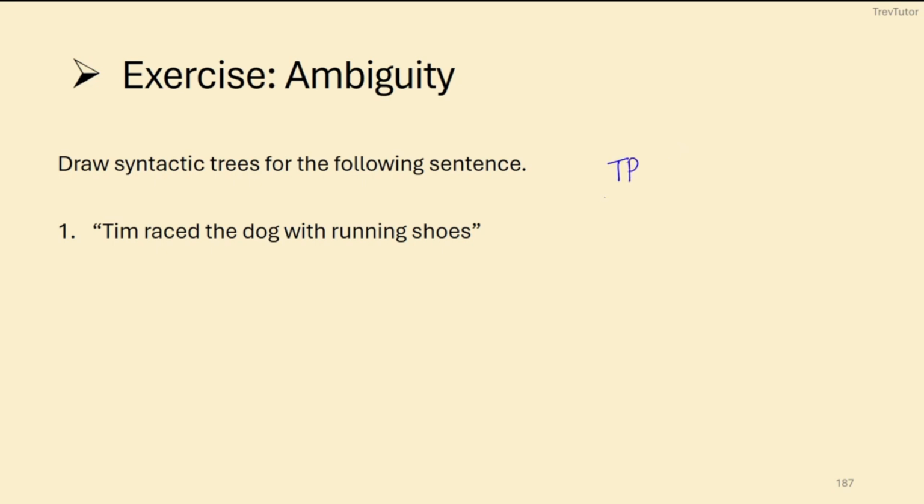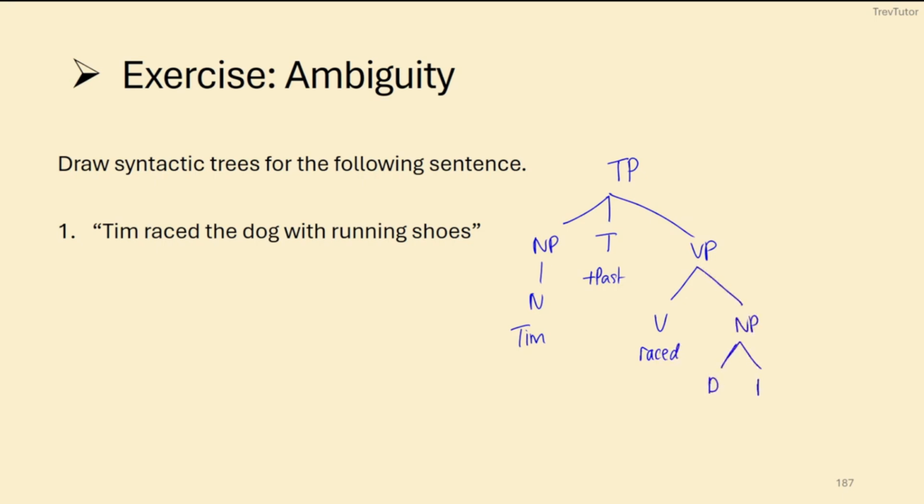That's going to be a tense phrase that breaks into a noun phrase, which is a noun, Tim. As far as tense goes, it is "raced," so this will be plus past. This is going to take a verb phrase complement with the verb "raced." And then what are we racing? We're racing the noun phrase, the dog, which consists of a determiner and noun.